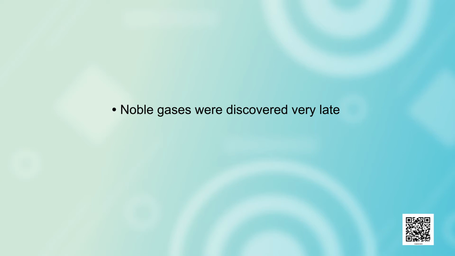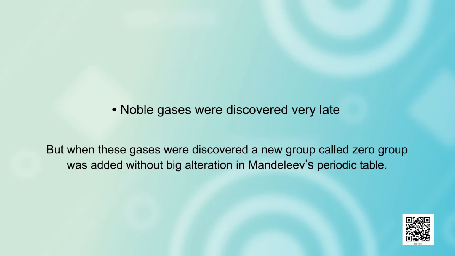But when these gases were discovered, a new group called zero group was added without big alteration in Mendeleev's periodic table. So, these are the achievements of Mendeleev's periodic table.